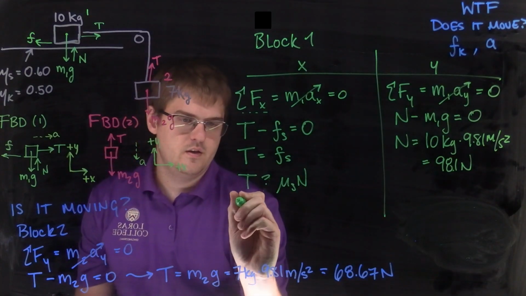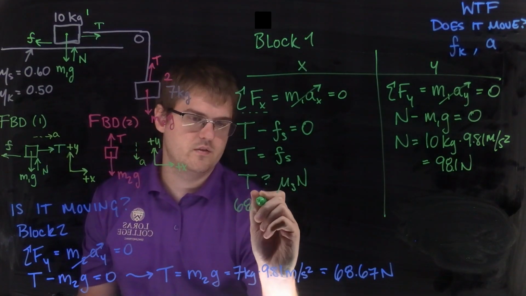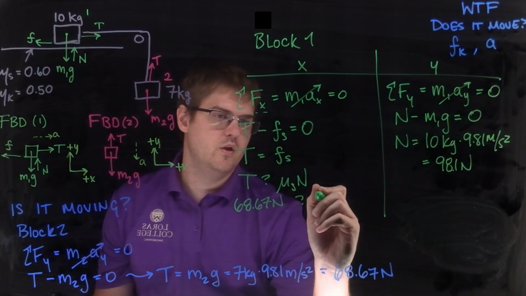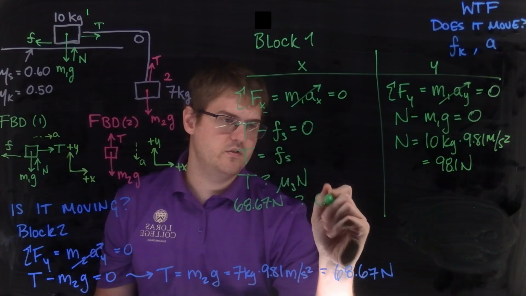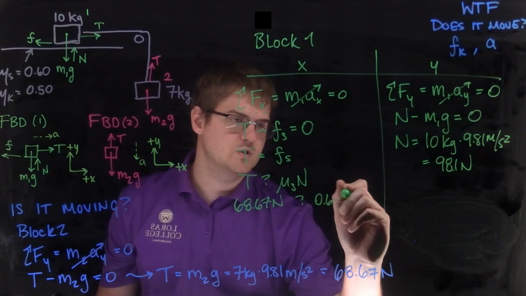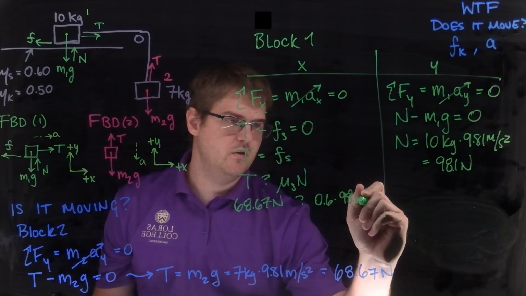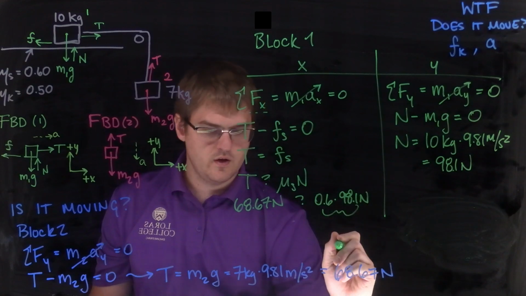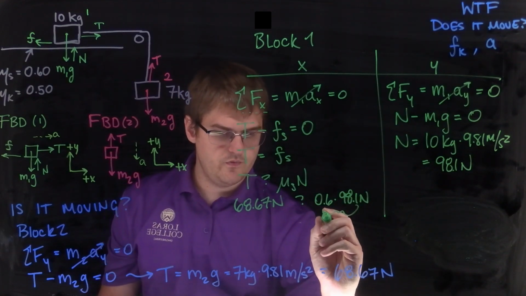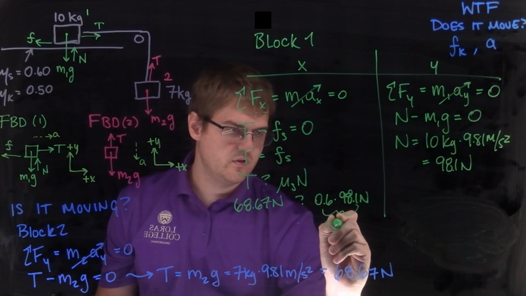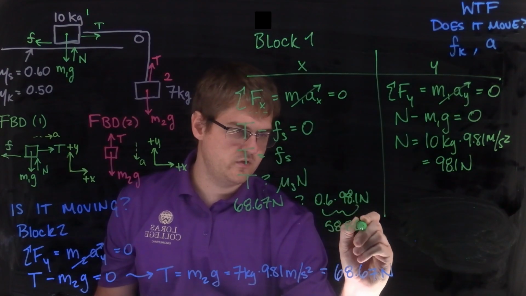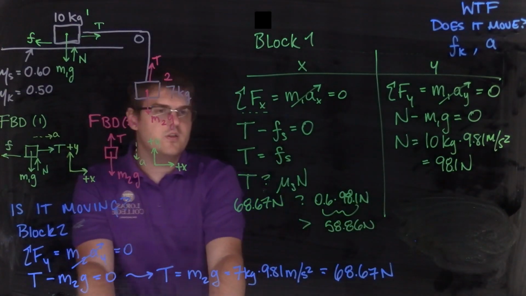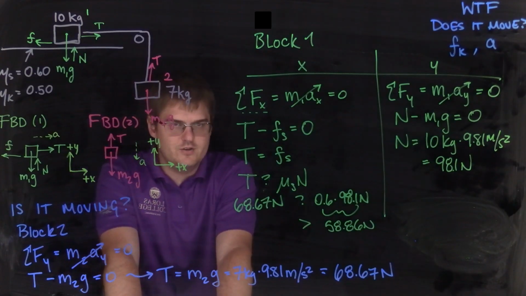My tension is 68.67 newtons, which is somehow related to my mu s, which is 0.6, times my normal force, which is 98.1 newtons. This number ends up being 58.86 newtons, meaning that my tension is greater than my maximum force of static friction.